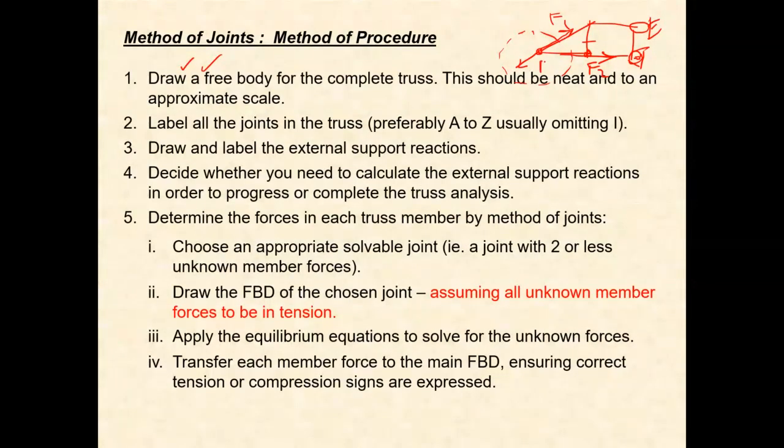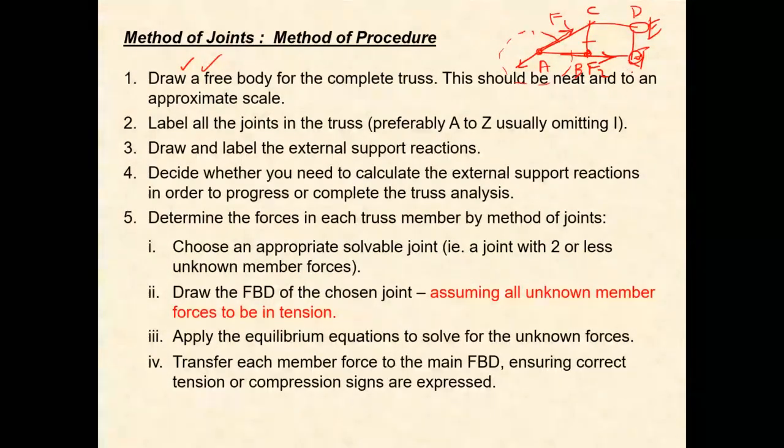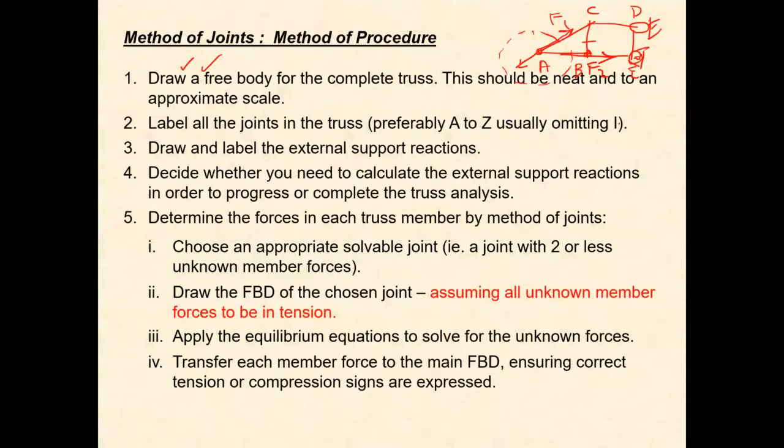Generally speaking, we label them as uppercase letters. So this could be A, B, C, D, E. And we never use O or I. These are confusing letters.